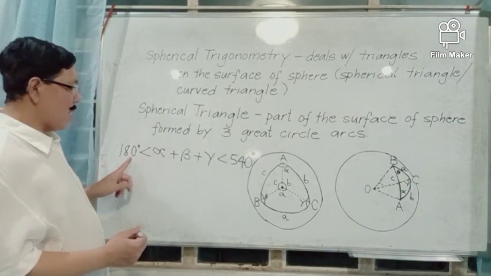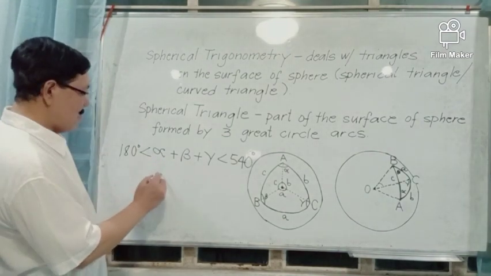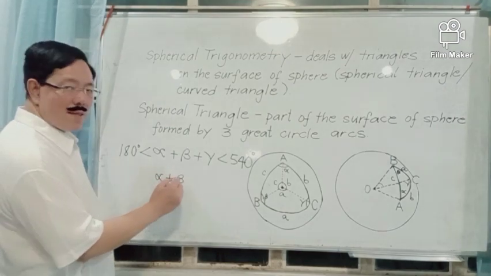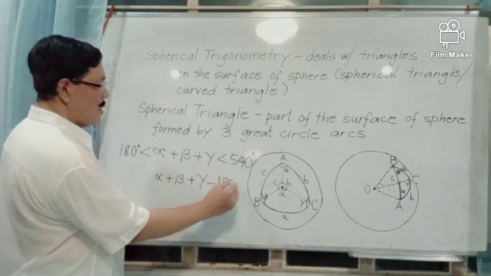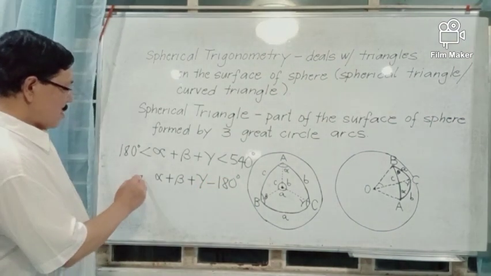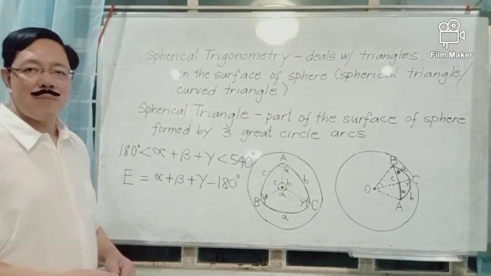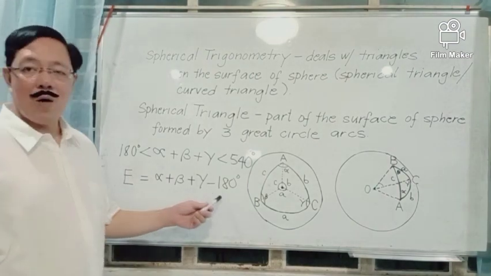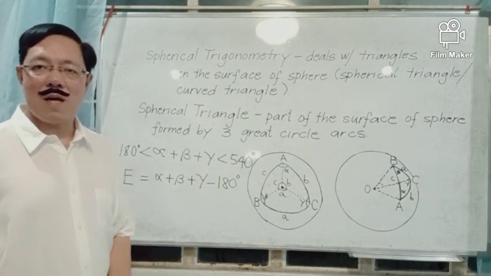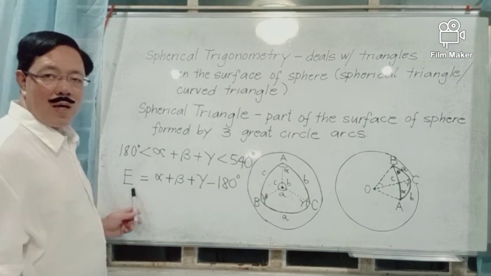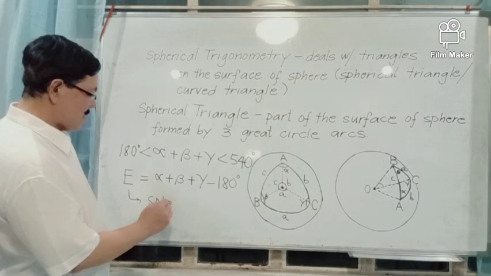If we subtract 180 degrees from the sum of these three surface angles, alpha plus beta plus gamma, the difference is denoted by a capital letter E, and it is called the spherical excess.